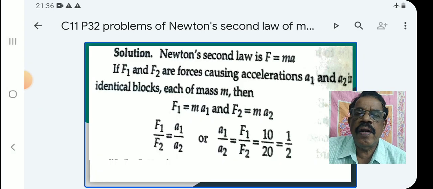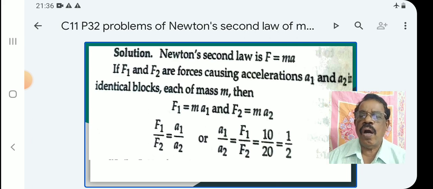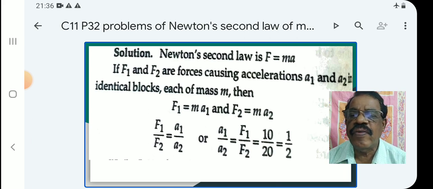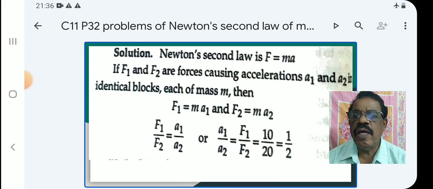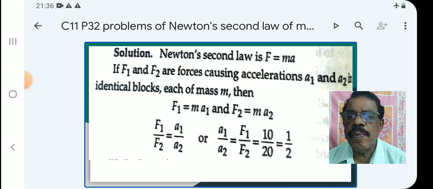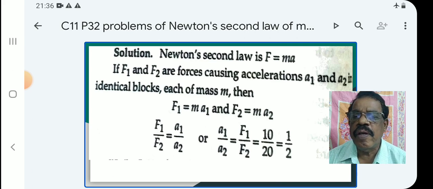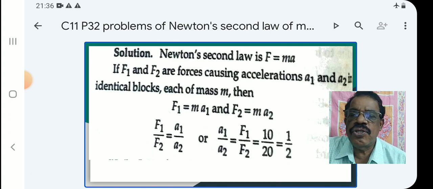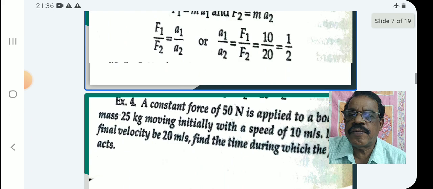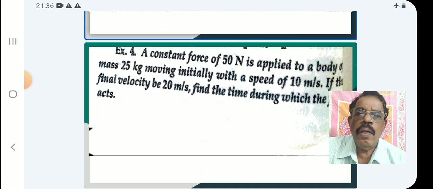If F1 and F2 are forces causing acceleration a1 and a2 in two identical blocks, each of mass m, then F1 is equal to ma1, F2 is equal to ma2. F1 by F2, m will cancel, we get a1 by a2. That is a1 by a2 is equal to F1 by F2 is equal to 10 by 20, 1 by 2. That is the ratio of the accelerations. Next problem.